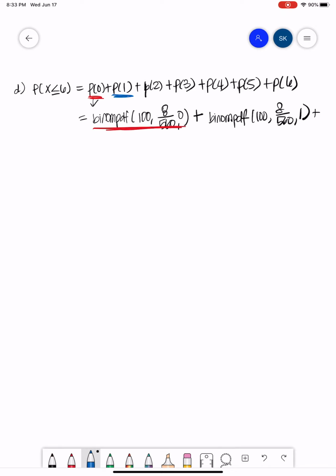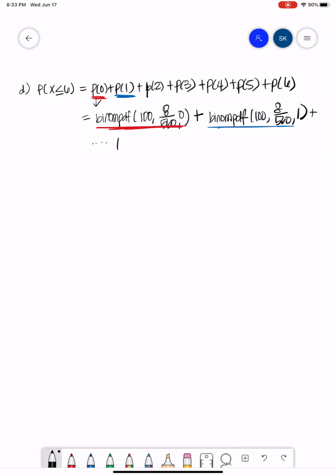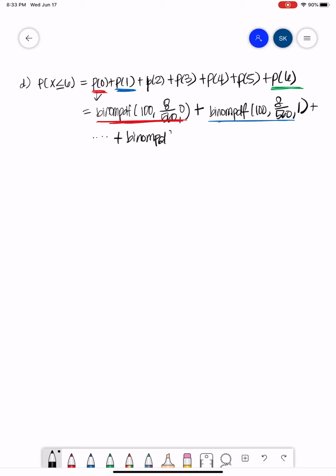So that will be this one. And then you have to do that all the way up to this last one, binom PDF 100, 8 over 560, all the way up to 6. Okay.